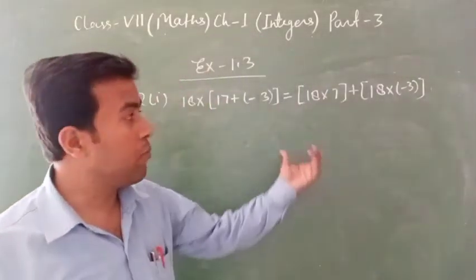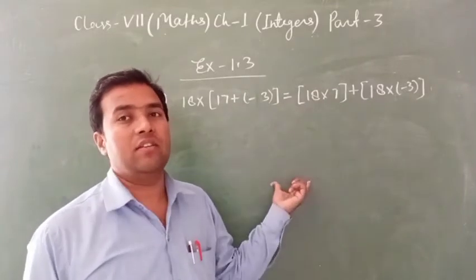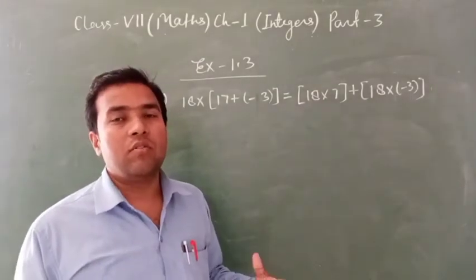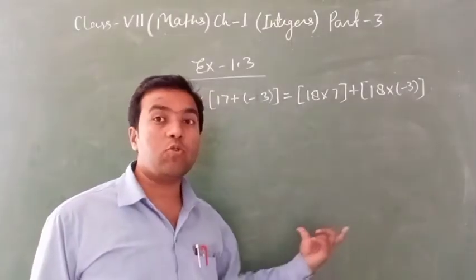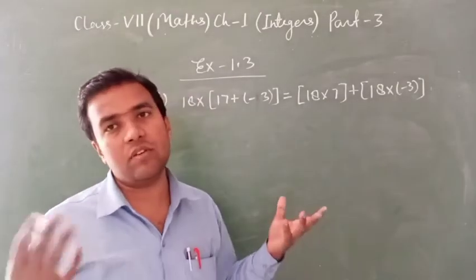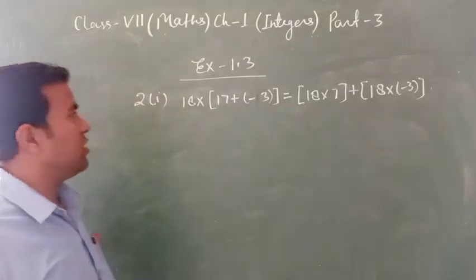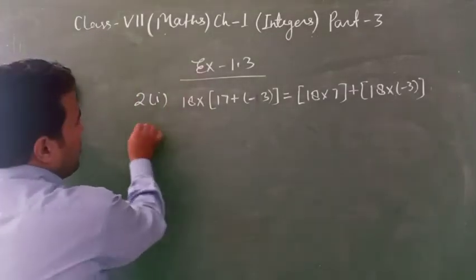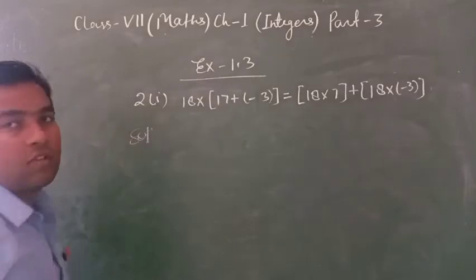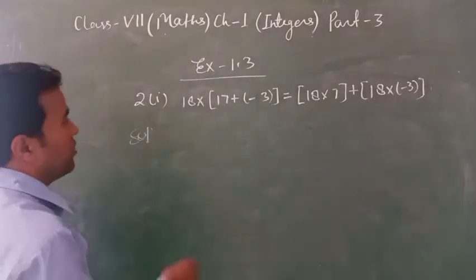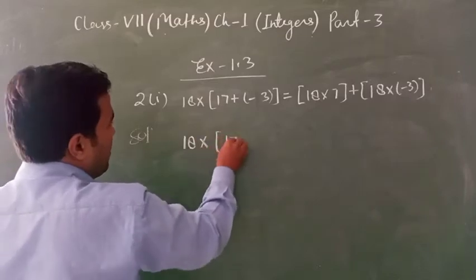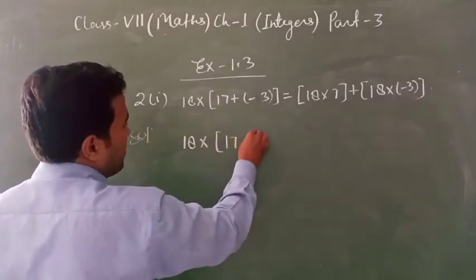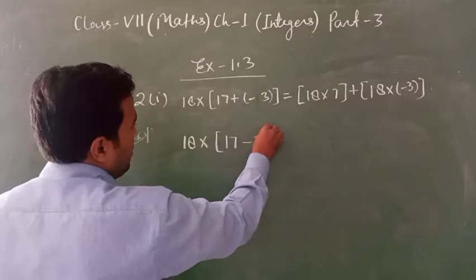The question is asking whether 18 into 7 plus minus 3 is equal to 18 into 7 plus 18 into minus 3. Means both are equal or not. So how will we know? When we solve it, if we get the same result on both sides, that is verified. Clear? So see here, by the BODMAS rule first we solve the bracket: 18 into 7 minus 3.